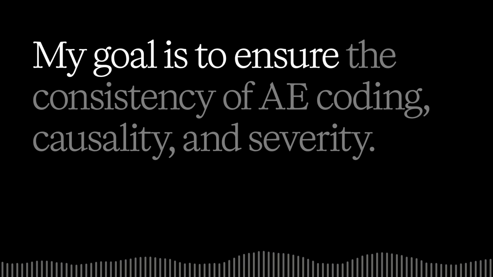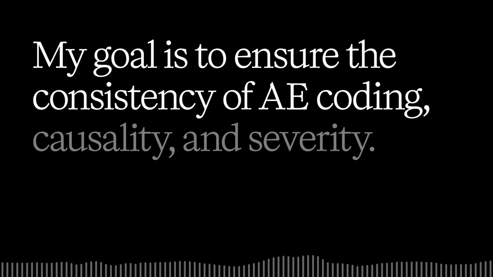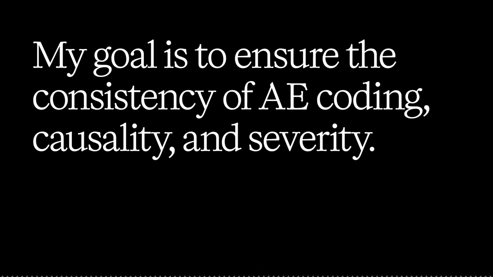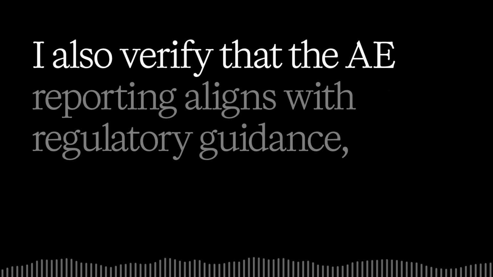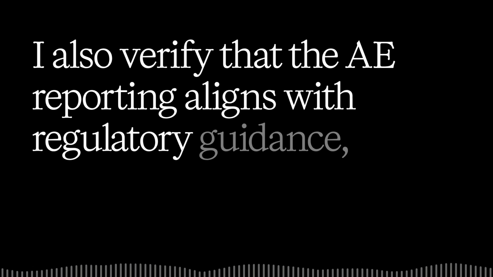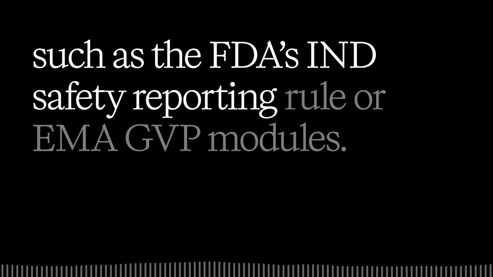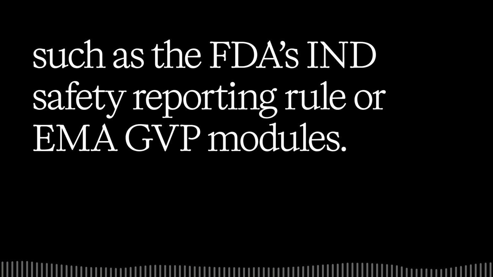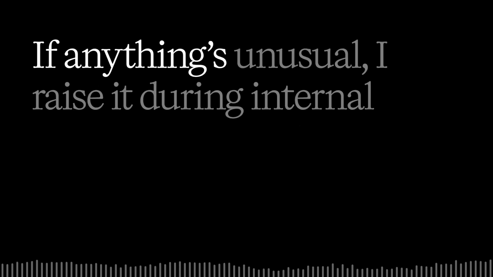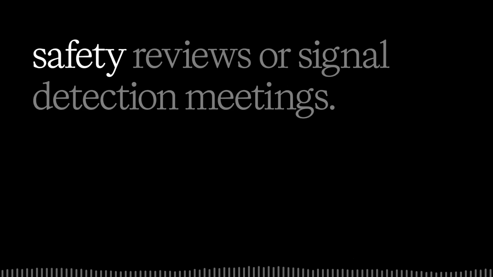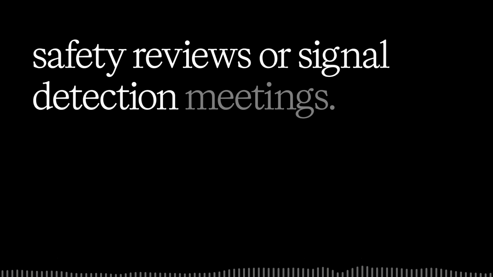My goal is to ensure the consistency of AE coding, causality, and severity. I also verify that the AE reporting aligns with regulatory guidance, such as the FDA's IND safety reporting rule or EMA GVP modules. If anything's unusual, I raise it during internal safety reviews or signal detection meetings.